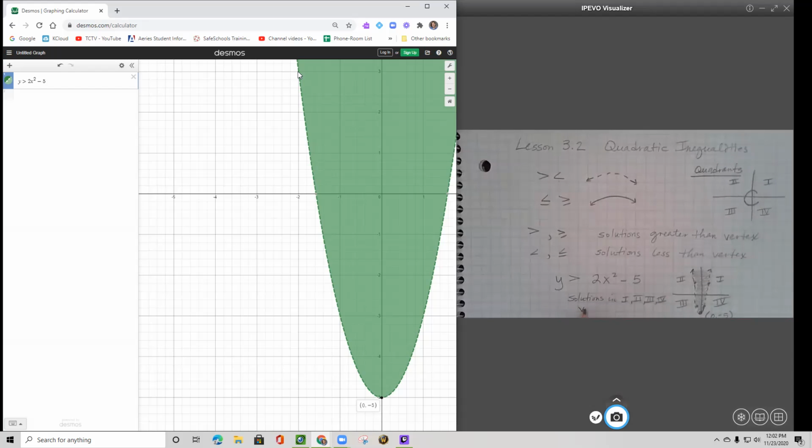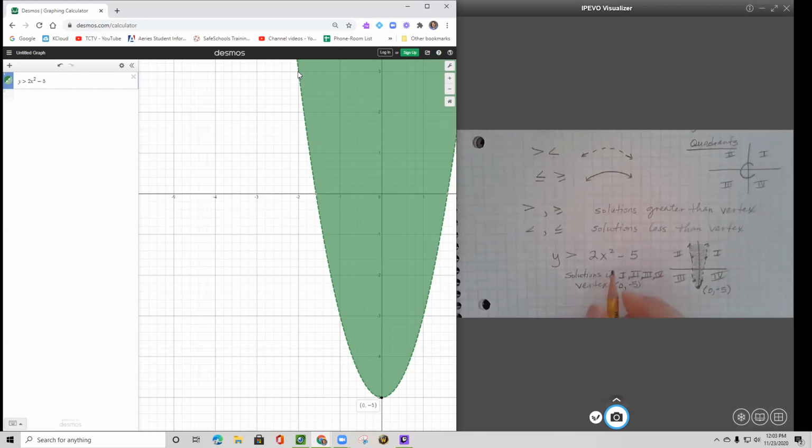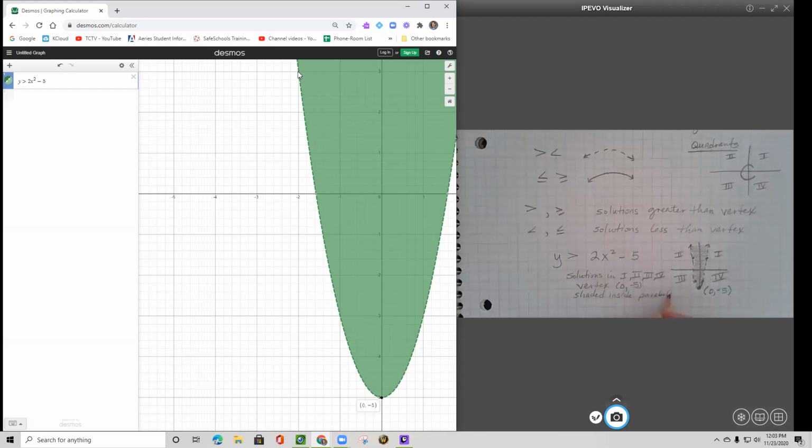My vertex is at 0, -5. And my solutions are shaded inside the parabola. And I have a dashed boundary. That's really all we're looking for.